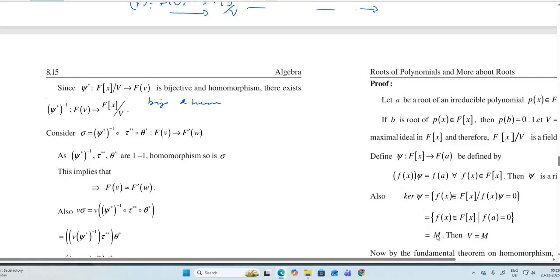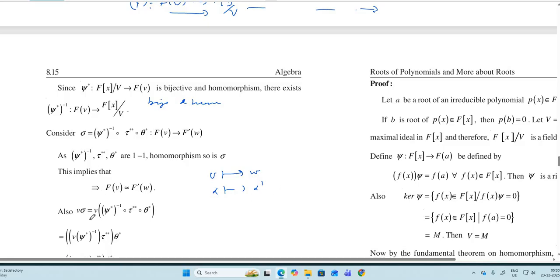And in this, what is taken to what? Our job is to say that v is taken to w under this, and alpha is taken to alpha prime.